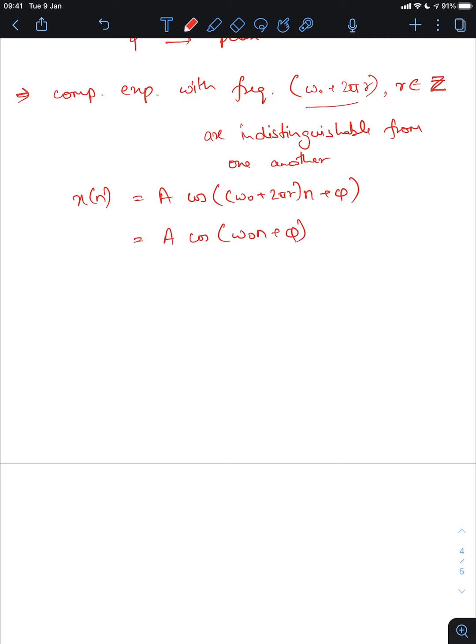Okay, so that's why we are generally concerned with frequencies lying between minus pi and pi to have the window of 2 pi, or we analyze a signal for omega naught lying between 0 and 2 pi.